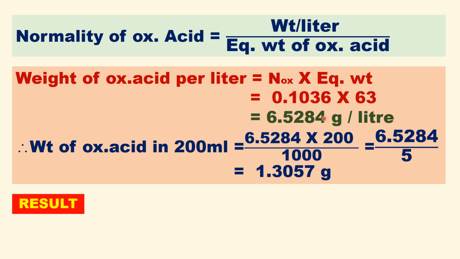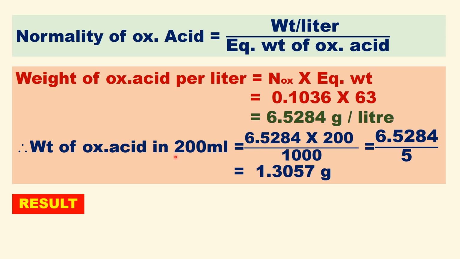Now you have made up the unknown oxalic acid in a 200 ml SMF flask. Therefore, the weight of oxalic acid present in 200 ml: in 1000 ml, how many 200 mls are there? 5. Suppose your teacher says, make up the given solution in 250, then instead of 200 you put 250. Therefore, in 1000 ml there are 4 of 250, so divide by 4.